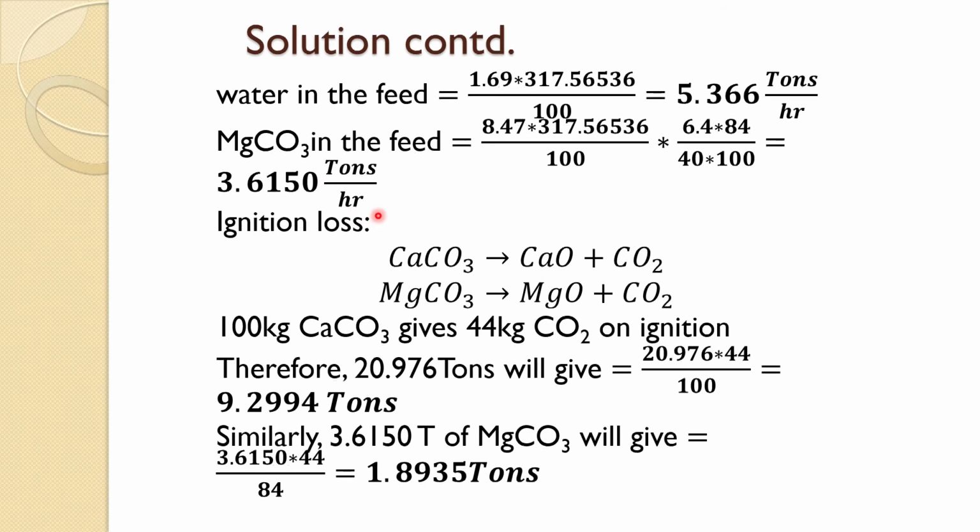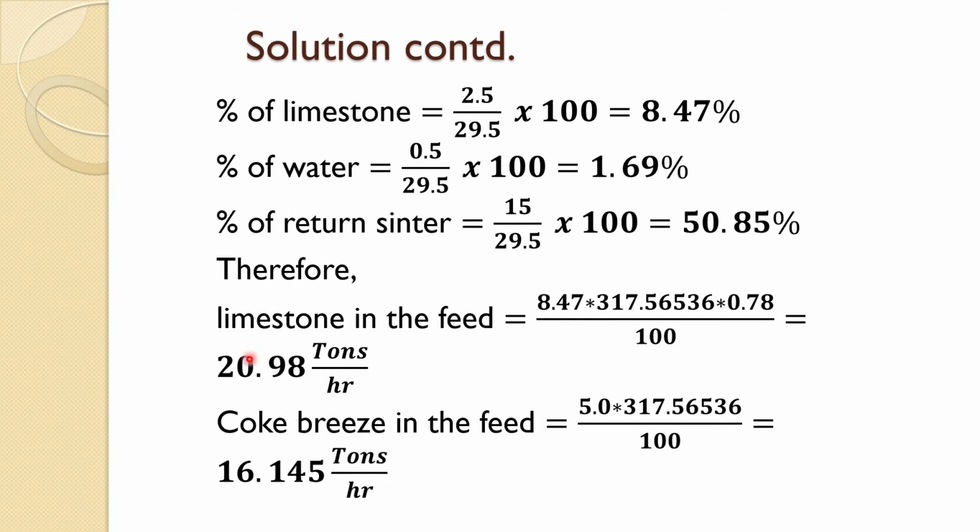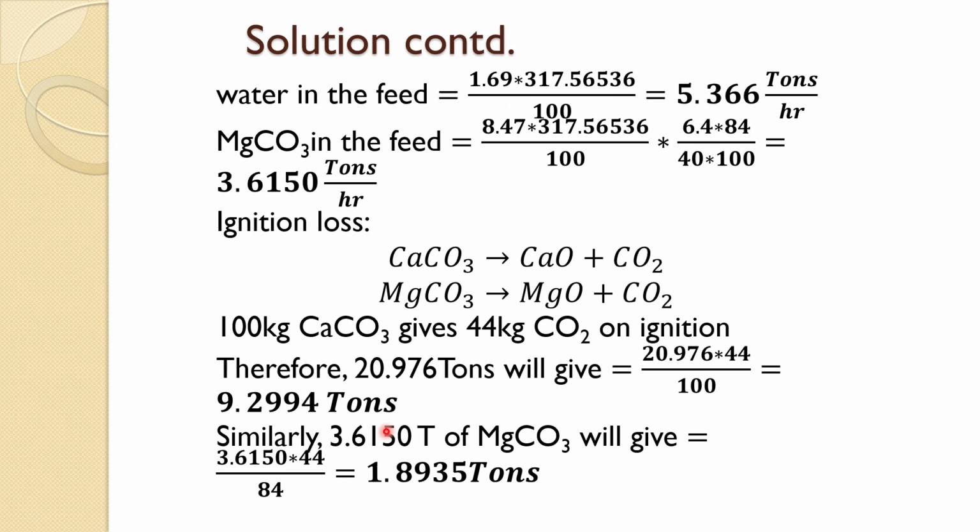Now, ignition loss, because all the calcium and magnesium carbonate dissociate into lime and magnesium oxide. So, 100 kg gives about 40 kg CO2 on decomposition. So, we know our limestone is about 21 ton.